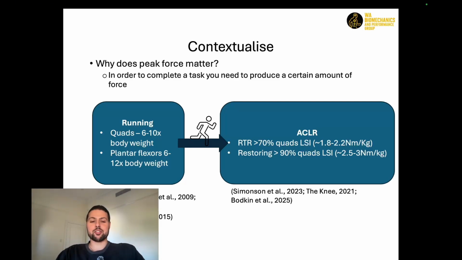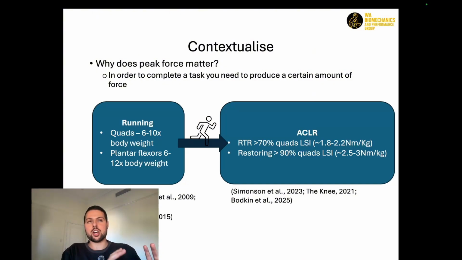And if we even take this to the plantar flexors, it can be 6 to 12 times internal forces at the plantar flexors. This is to deal with some really high amounts of ground contact time and the ground reaction force. So we need to be able to produce these big numbers of internal force loads to counter ground reaction forces. So peak force does matter to be able to do those tasks.